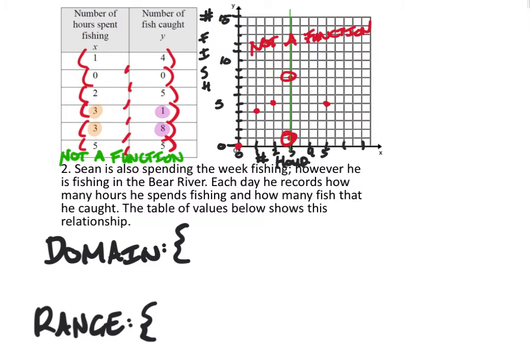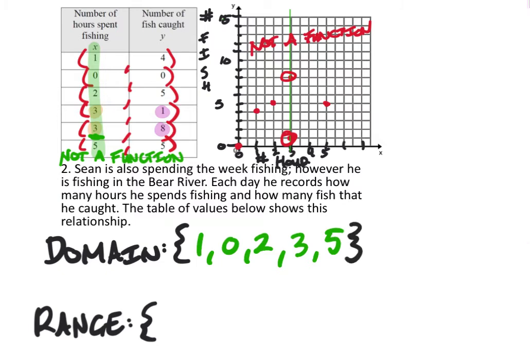Okay, so in the domain, I'd say I'm going to look at all my x values right here, right? So x values, I got 1, 0, 2, 3. I'm just going down. Now the 3 repeats right here, but I'm not going to list it a second time because it's already listed once. And then 5. Now you may say, well, that's not in ascending order. It doesn't have to be.